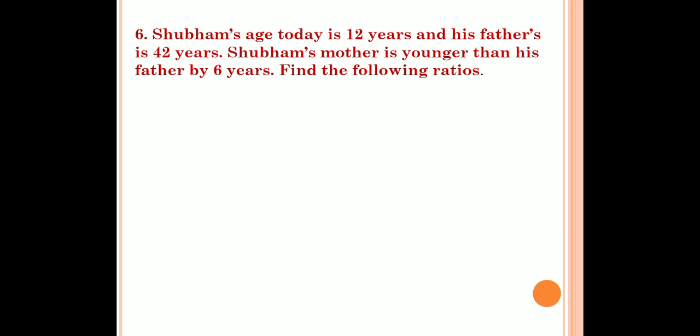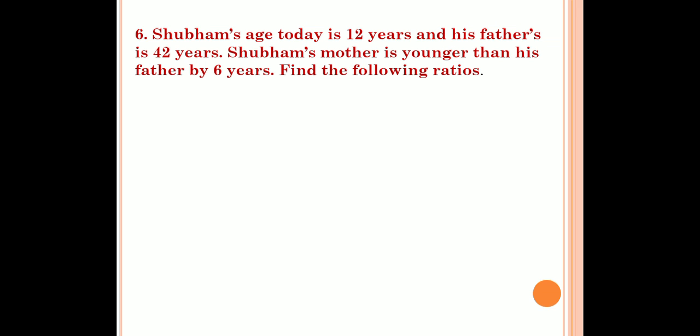Now Shubham's age today is 12 years and his father's age is 42 years. Shubham's mother is younger than his father by 6 years. Find the following ratio. So in your textbook you have 3 ratios that have to be found out. So we will go step by step.